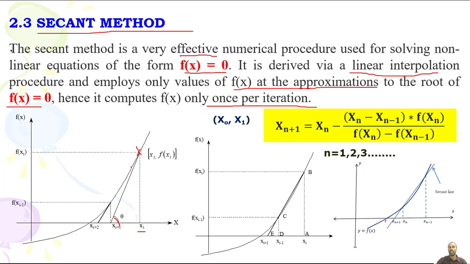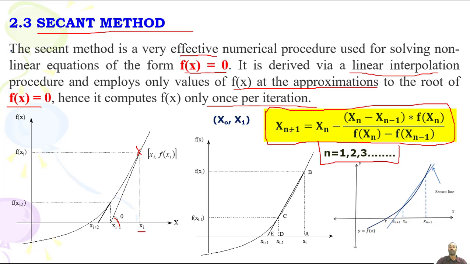You are drawing a line joining the two points so that you will have a solution. So this is the algorithm for computing successive approximations: xn plus 1 equals xn minus xn minus xn minus 1 multiplied by f of xn over this one, where n starts from 1, 2, 3, 4, etc.